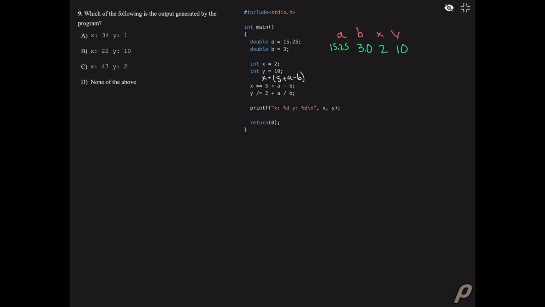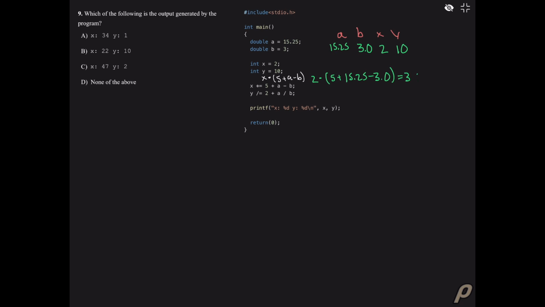So let's do those calculations. We know x is going to be 2. Then we'll do times 5 plus a, which is 15.25, minus b, which is 3.0.